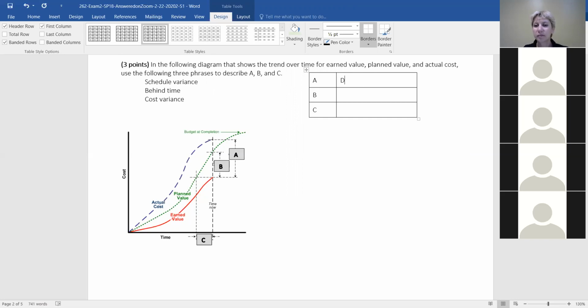Are we using the numbers we just used? No, here, look at the left of the table. You see three phrases. Do you see them on the left? The difference between actual and earned is, is it cost? That's cost variance. Exactly.